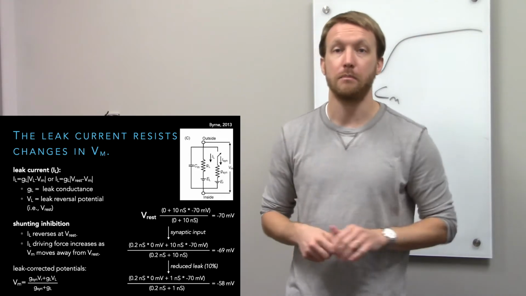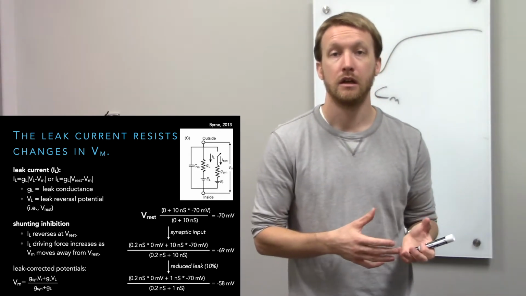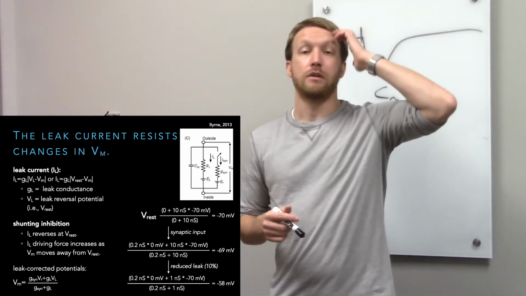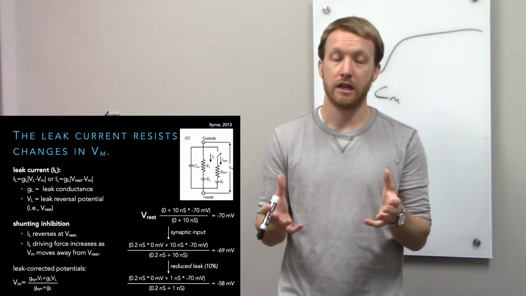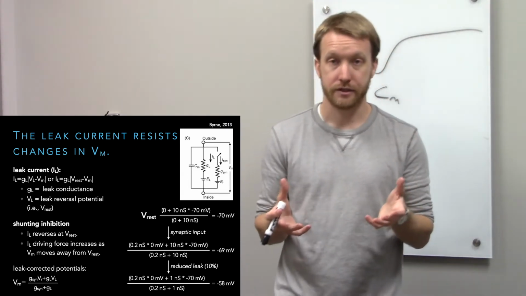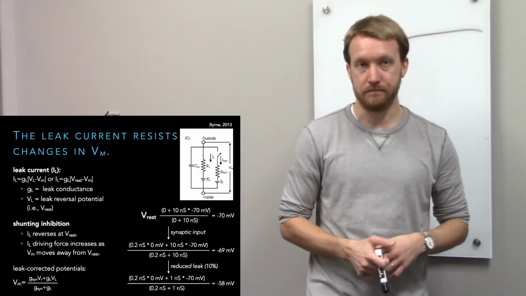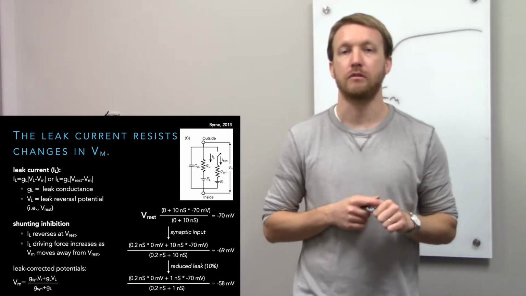And let's take a look at the math here to see how the leakiness of a cell is going to impact its excitability. So whenever we're calculating leak-corrected potentials, we're going to look at, of course, the potential change that we get from the synaptic currents, and we're going to take into account the leak current as well. So the formula is given here. You can always look this up. Don't worry about remembering it.